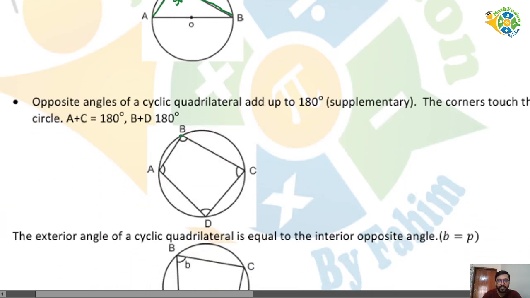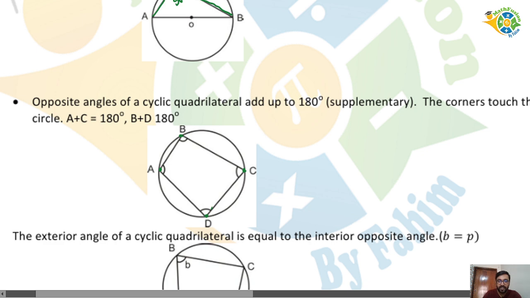The opposite angles of a cyclic quadrilateral add up to 180 degrees. So what is a cyclic quadrilateral? If 4 points of a quadrilateral lie on the circumference of a circle, it is called a cyclic quadrilateral. In that case, ABCD is a cyclic quadrilateral as A, B, C, D lie on the circumference of the circle.